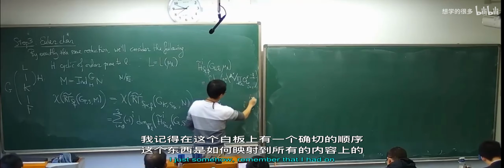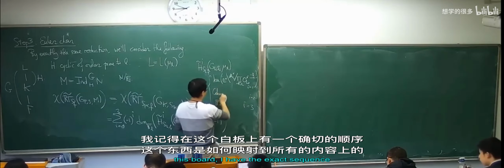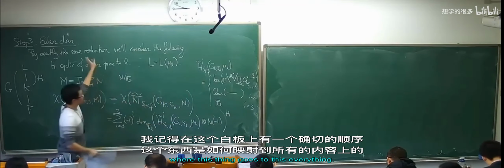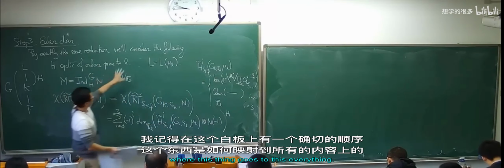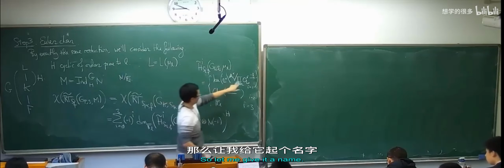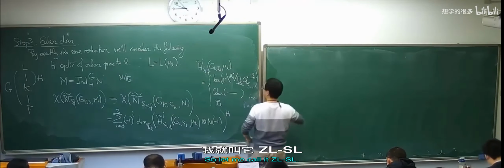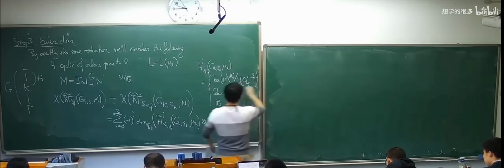I remember that I had on this board the exact sequence where this thing goes to this. Anyway. Right, so let me give it a name. Let me call it Z_L,SL, okay?